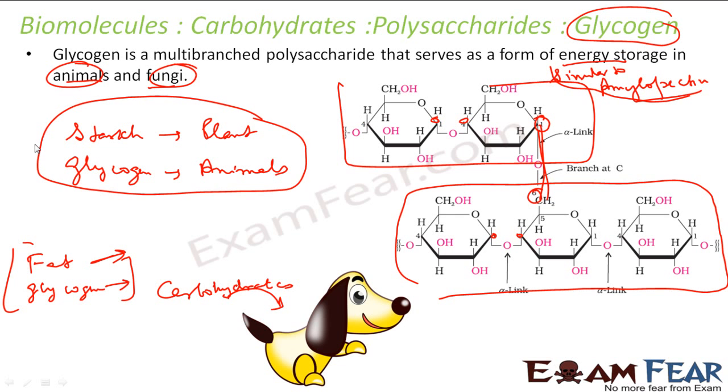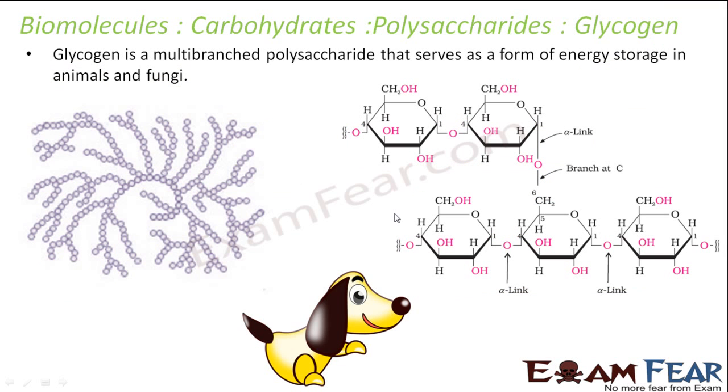The structure is almost similar to starch, amylopectin, and since it's all about animals, it's also called animal starch. Its structure is similar to amylopectin, but it is more branched, as you can see in the structure.